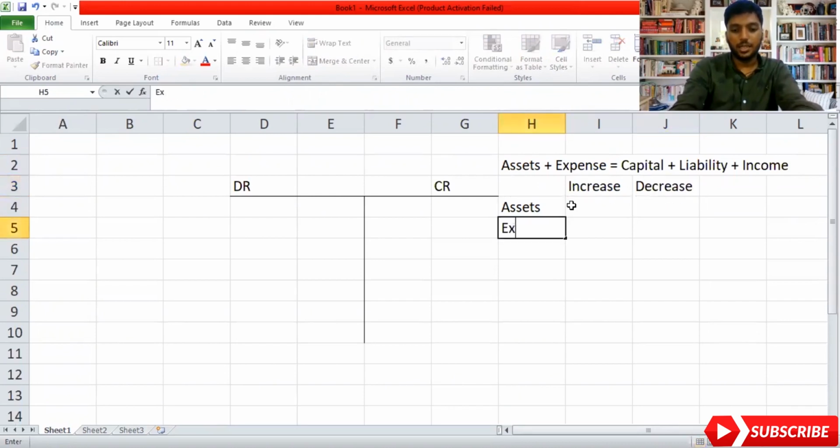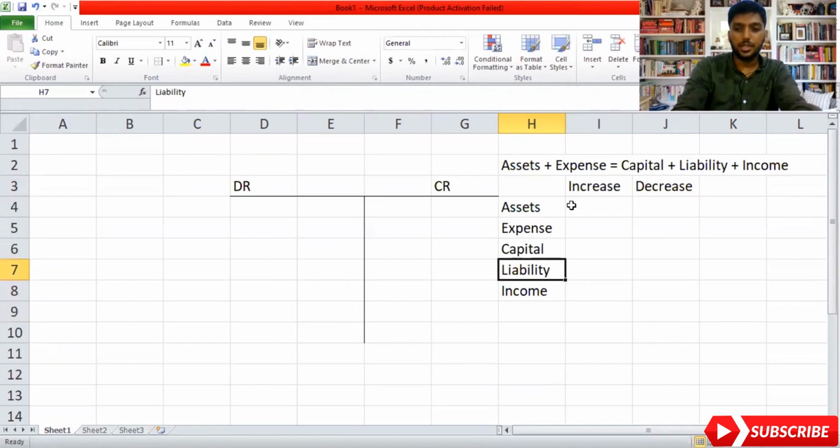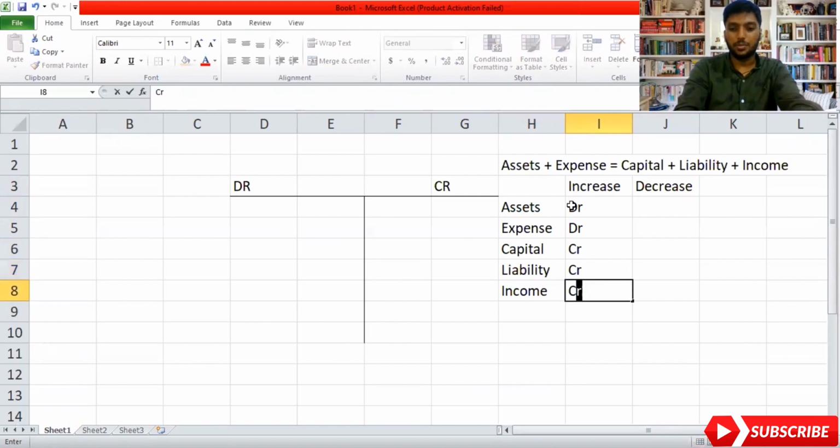Now asset, expense, I'm going to put everything in order: capital, liability, and income. So how do I present that? Asset increases, it's debit. Expense increases, it's debit. Capital increases, it is credit. Liability increases, it's credit, and income increases, it's credit.